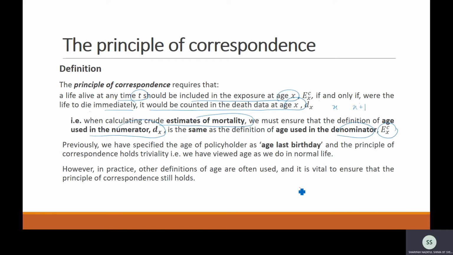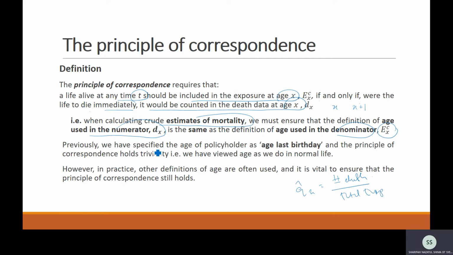So when you calculate the estimate of your qx, make sure your total number of deaths, divided by the total exposure, use the same age definitions.